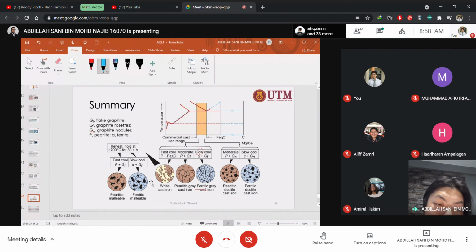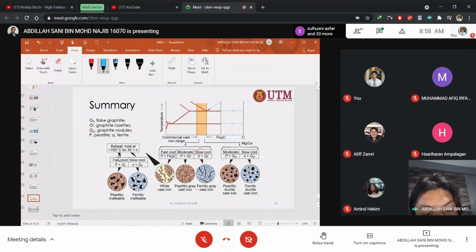So malleable cast iron, we use this white cast iron, we reheat and hold it for a certain period of time, and then we cool it off again.